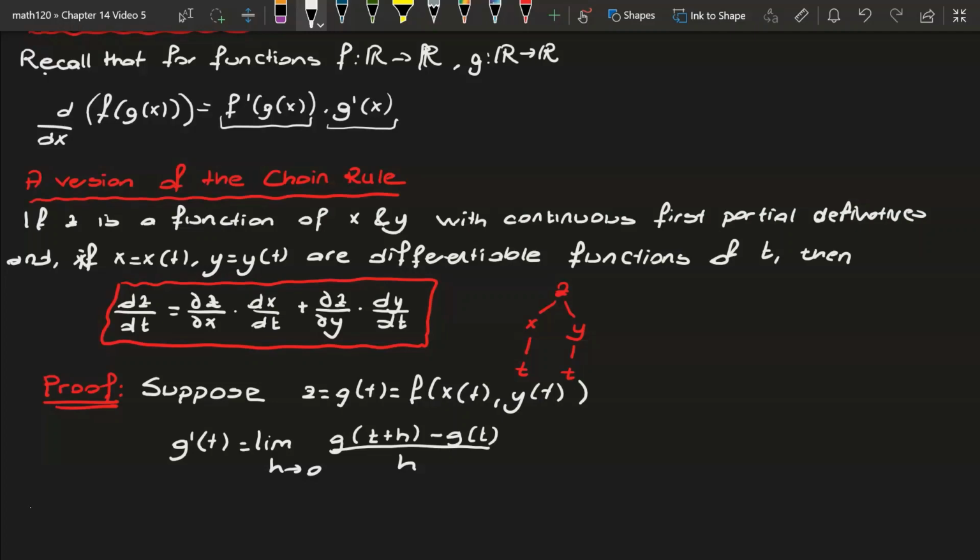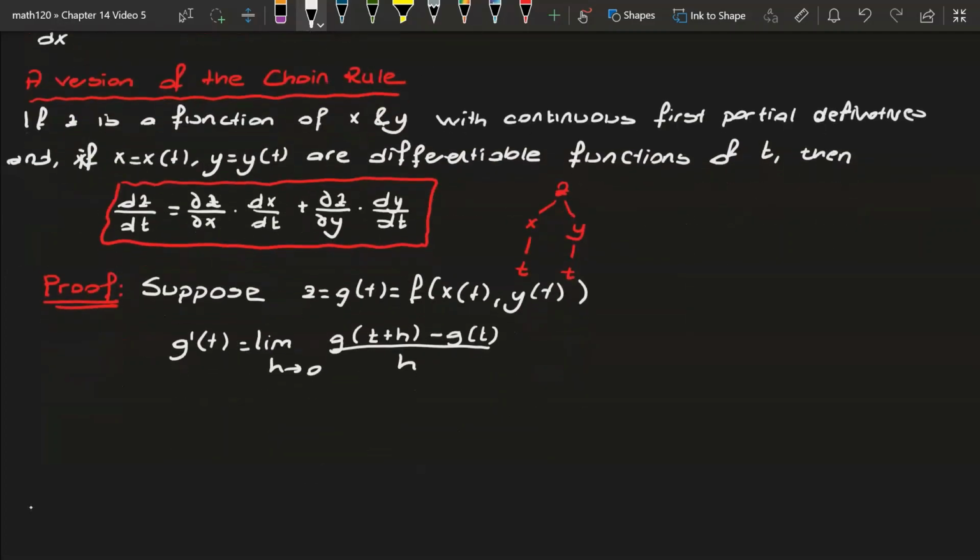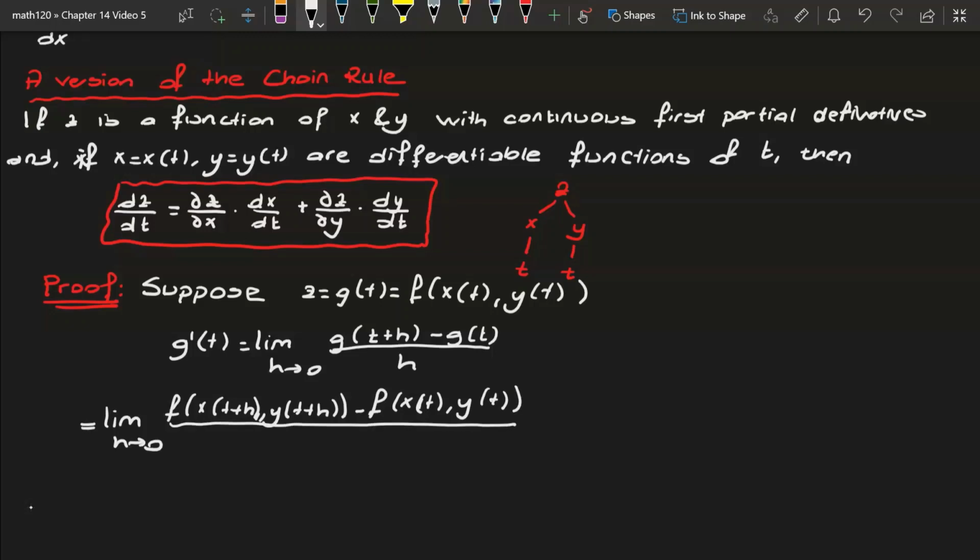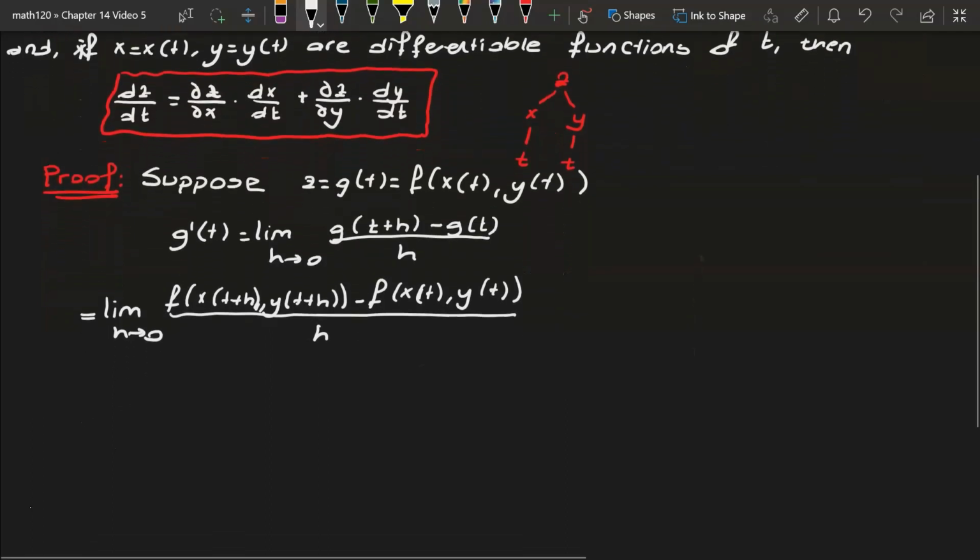Okay, so if I write everything in terms of f, we have f of x of t plus h, y of t plus h, minus f of x of t, y of t, over h.